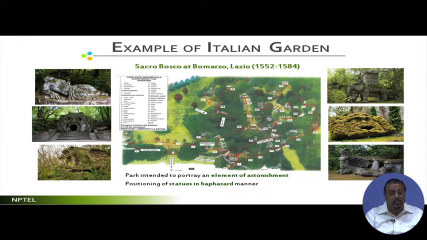So the statues are placed very haphazardly wherever they could, and this is also being tried today. Nowadays, statues of stones or rocks to emulate a rock outcrop are being placed slightly haphazardly so that it looks natural. Maybe they want to create something natural, but once the statue came in, the naturalness totally got destroyed because nature doesn't create statues.